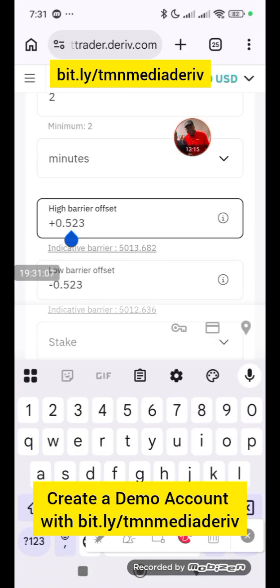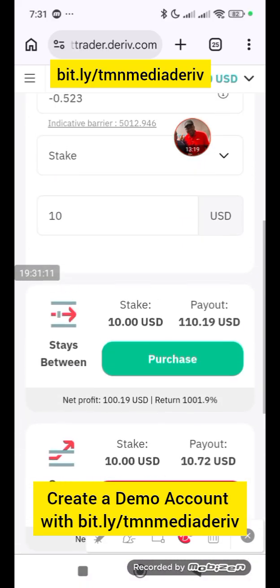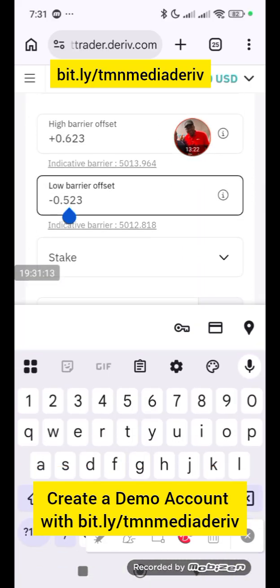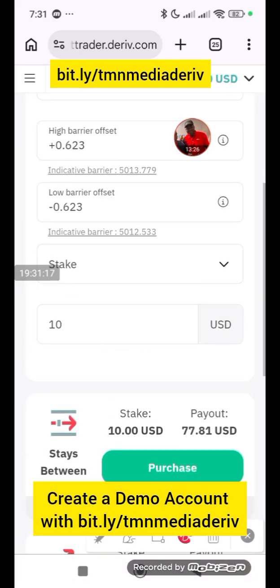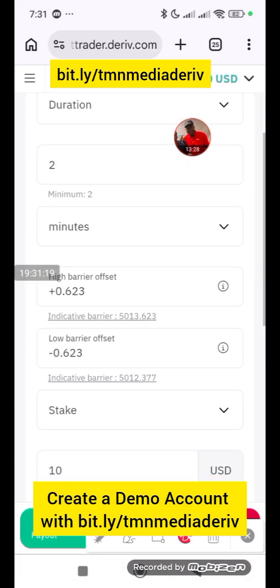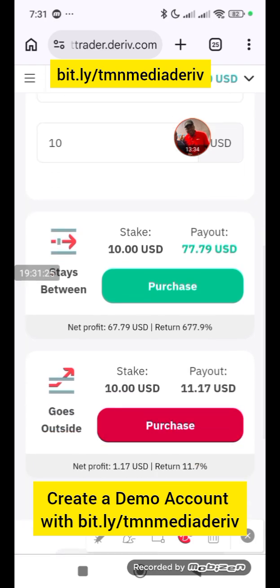So one has to be maybe 600. Now, I just want to get like 10%. So 600 gives me 10%, 11%, which is fine. I trade mostly goes outside, not stay in between.